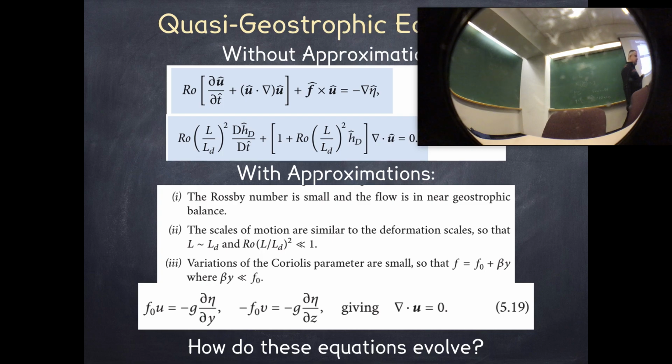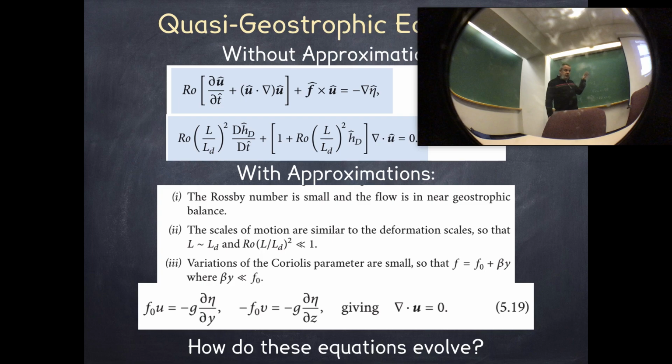In the planetary equations, this is not F naught, this is full F. And we saw that the variations in F were important in forming the PV out of it. So this is not exactly geostrophy in a sense. This is geostrophy only with part of the F.